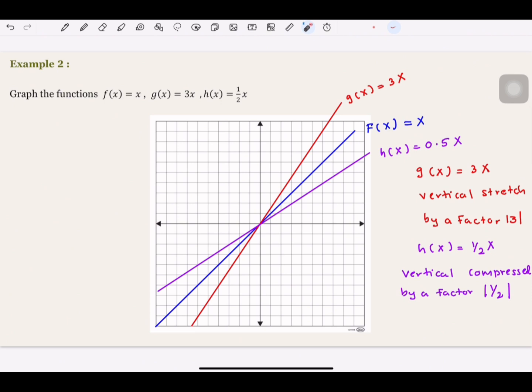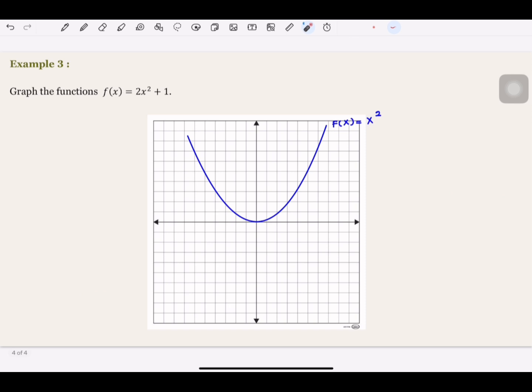Next example. Okay, so now let's try to sketch this function. This is a quadratic function, so we can analyze it by comparing it with the parent function. Let's take the parent function as x squared. I'm going to change the name of this function, because I have already used f of x, so I'm going to name the parent function y equals x squared.